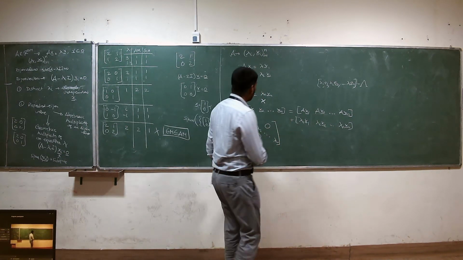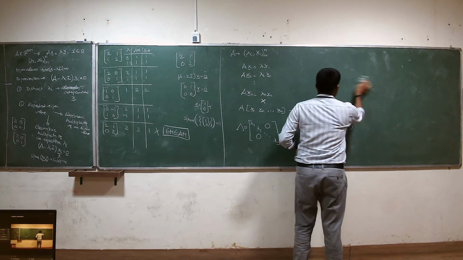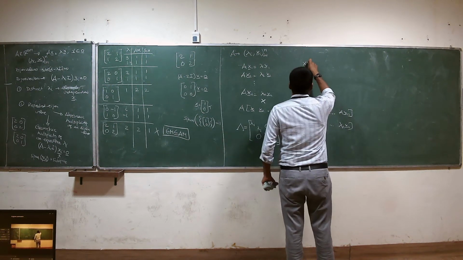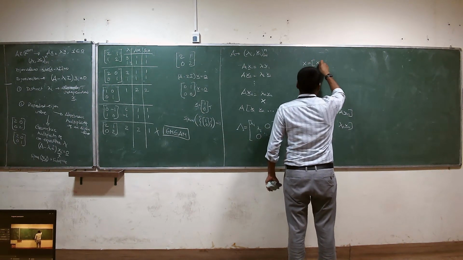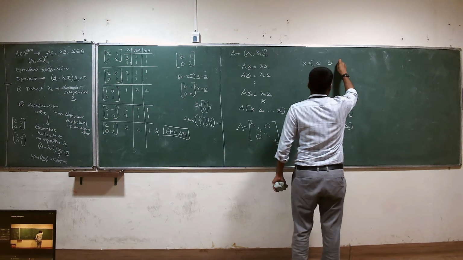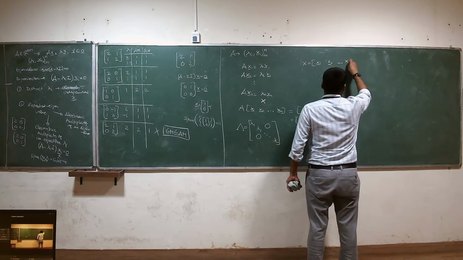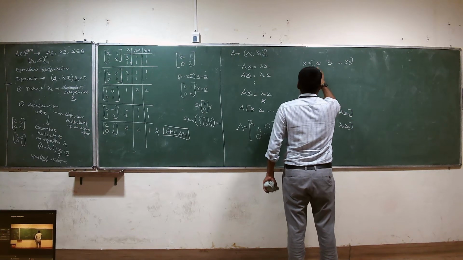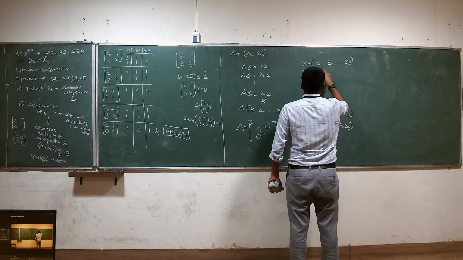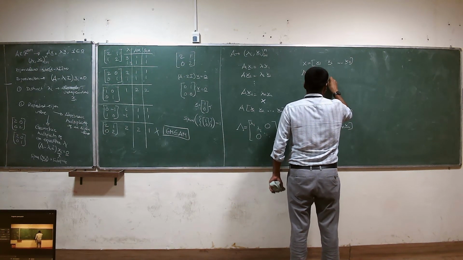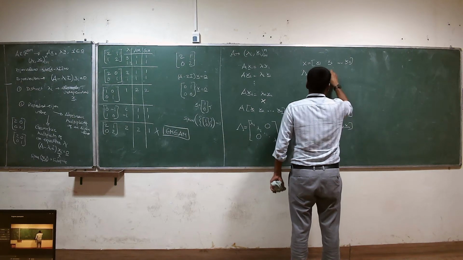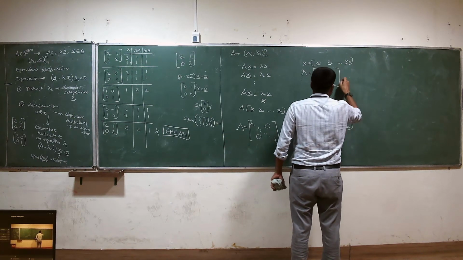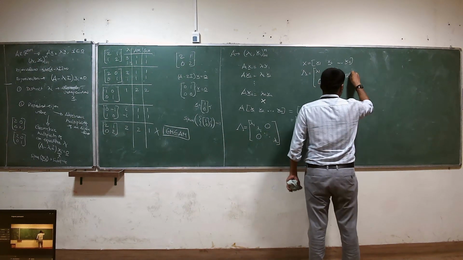Capital X is x1, x2, up to xn. And then I have my lambda matrix as simply lambda 1, lambda 2, and so on. This is all 0. This is also n cross n.